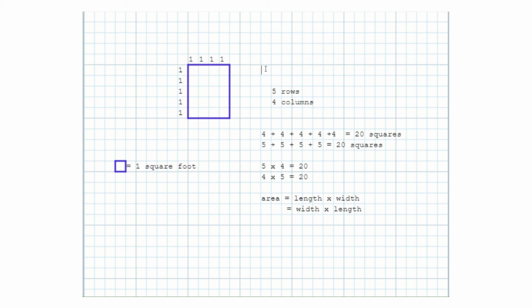So in this situation, this building would be 4 feet by 5 feet, and that is a total of 20 square feet. A square foot is how much space is taken up. A foot, which is how we measure the sides, is just the length of something, or how long it is from end to end. So there's a difference between a foot and a square foot. A square foot is space being covered, and a foot is just the length.